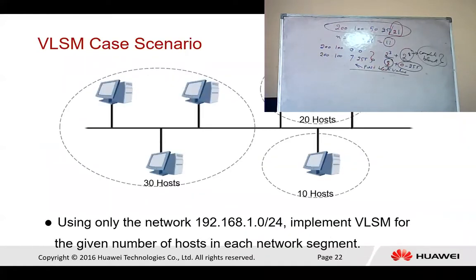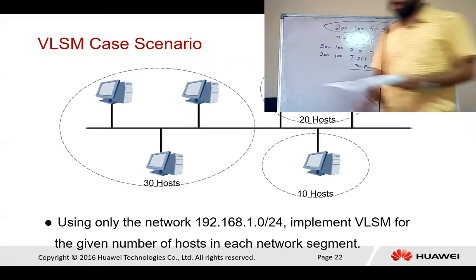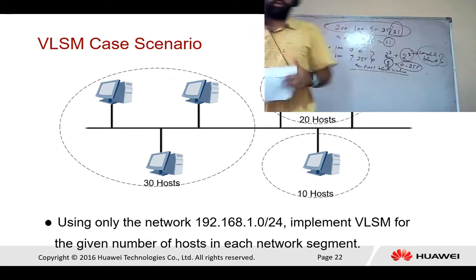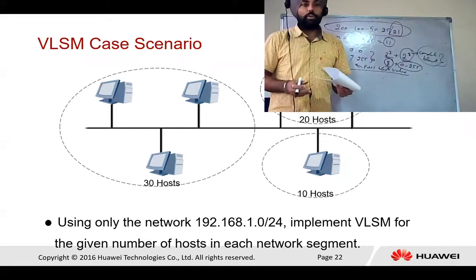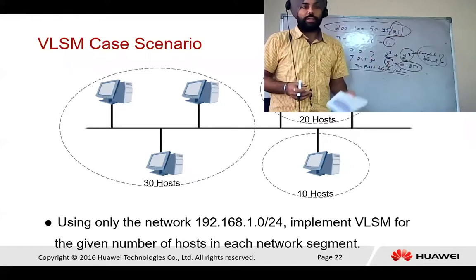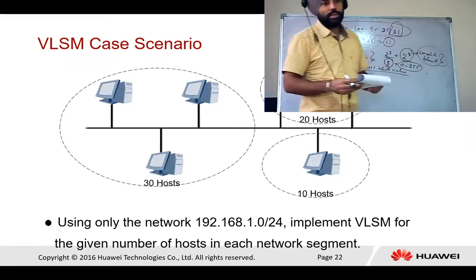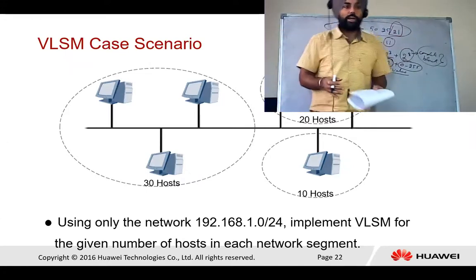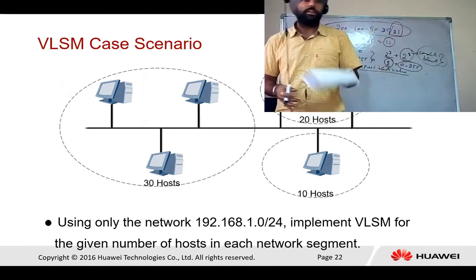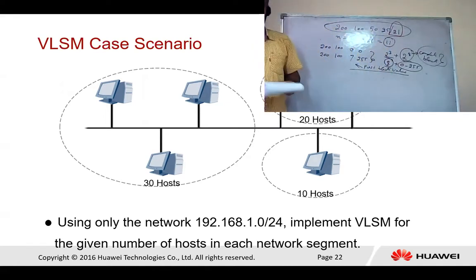So next is VLSM case scenarios. In this case, we have two different networks. We already studied it, because if a few people require a minimum or maximum length in a particular group, at that time we use the slash notations. In the given PPT, it shows the network address 192.168.1.0/24.